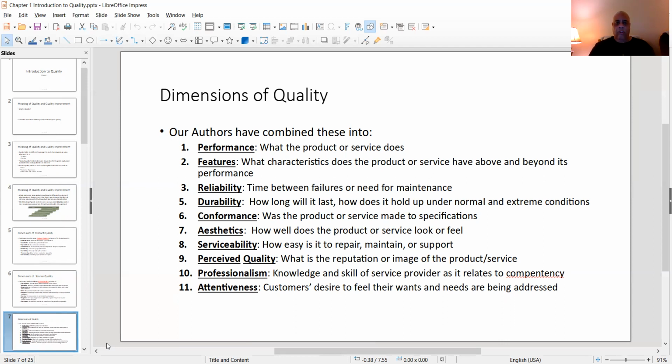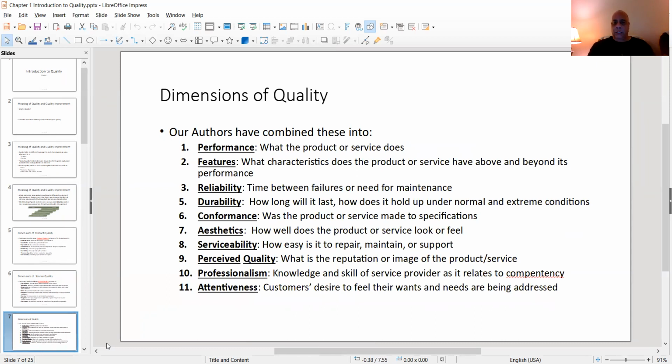Conformance, was the product or service made to specifications? Again, when we deal with aesthetics, how well does the product or service look or feel? Serviceability, how easy was it to repair, maintain, or support? Perceived quality, we deal with the reputation or image of the product or service.